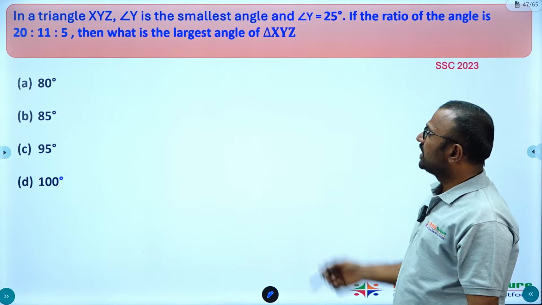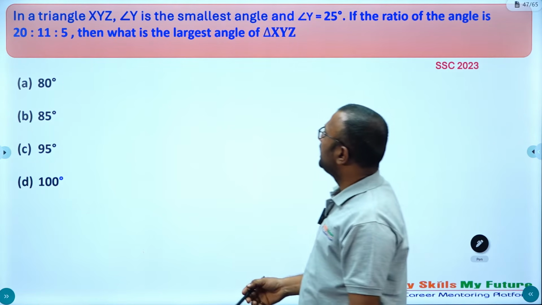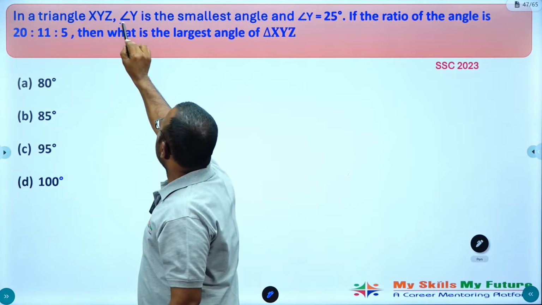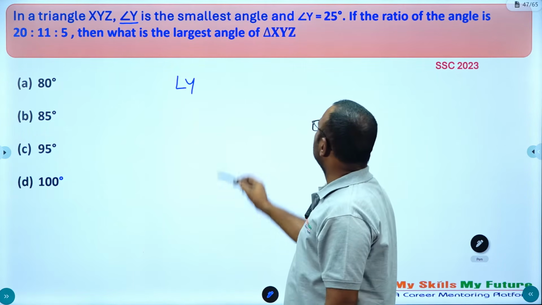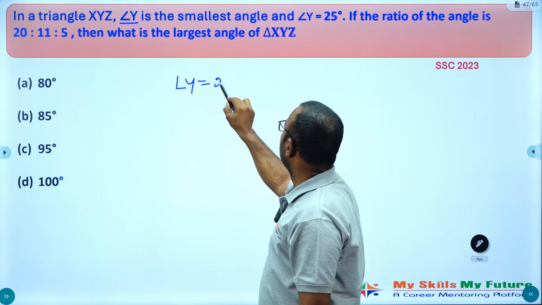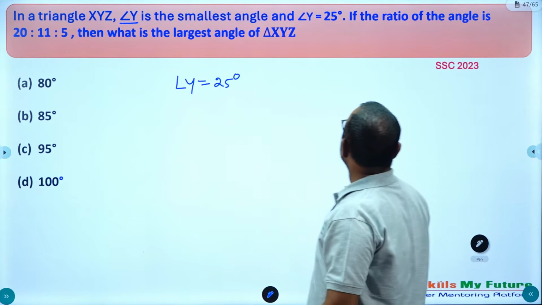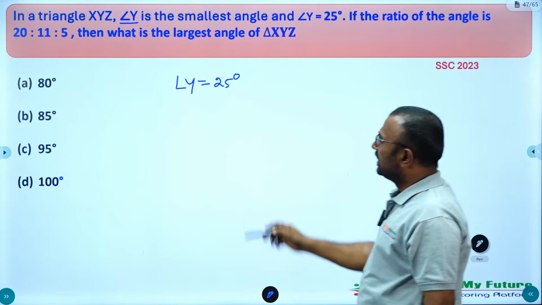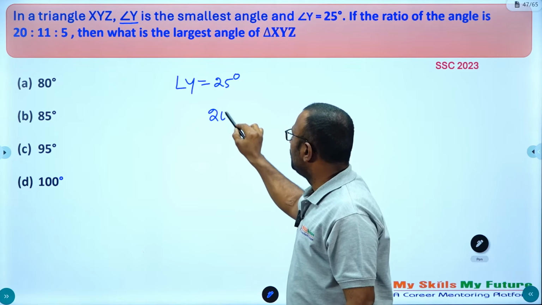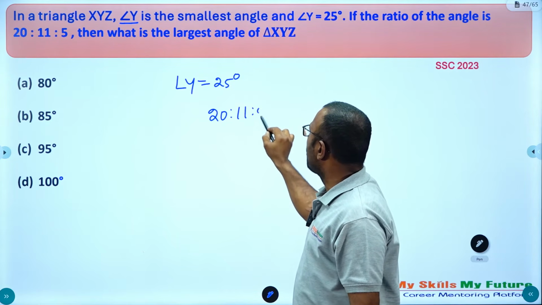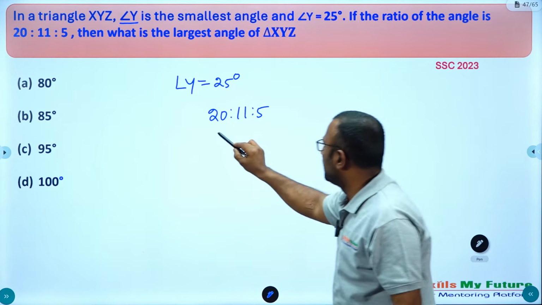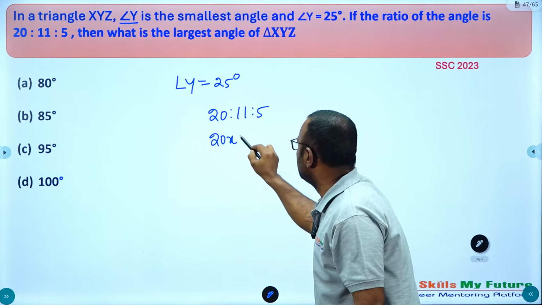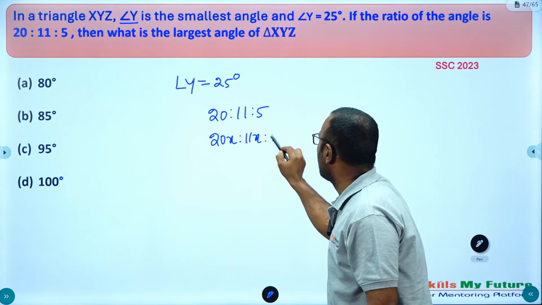See the question. In a triangle XYZ, angle Y is the smallest angle, and they given the value itself, 25 degrees. If the ratio of the angles is 20:11:5, in that we can write 20x is to 11x is to 5x.